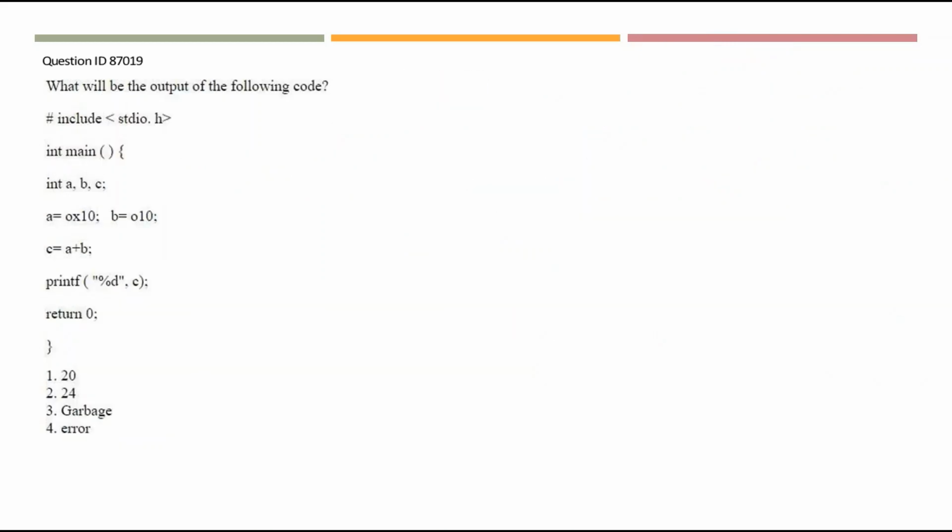Next question, what will be the output of the following code? So they have given 3 integers. A is equal to 0x10 and B is equal to 010. So what is this 0x and 0? 0x is a notation for hexadecimal digit and 0 is a notation for octal.